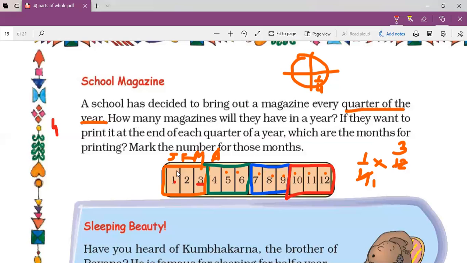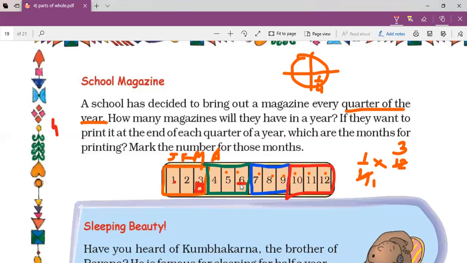So in this first quarter, which month comes at the end? That is March. Which number comes? Number three. In the second quarter, the last month is six. Six means which month? Yes, June.